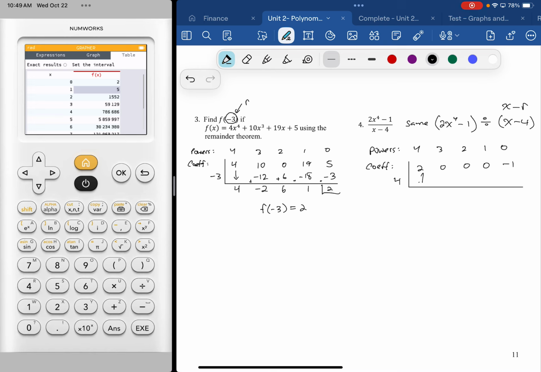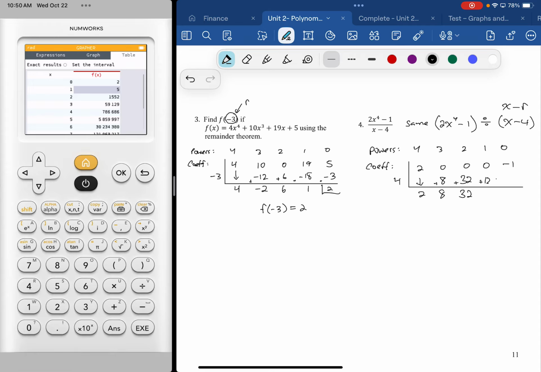So I'm going to pull down the 2. Multiply 2 times 4 is 8. Add, get a result of 8. Times 4 is 32. Add, 0 plus 32 is 32. 32 times 4 is going to be 128? Yeah.